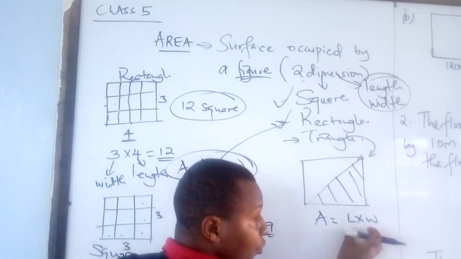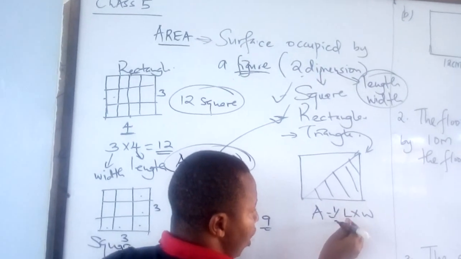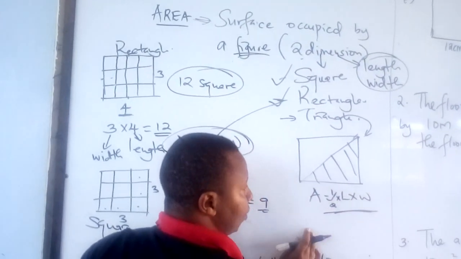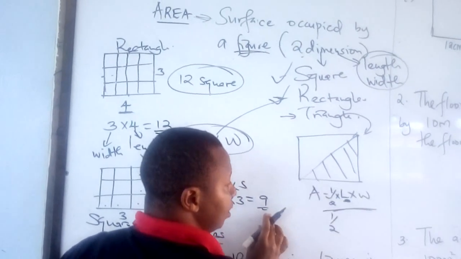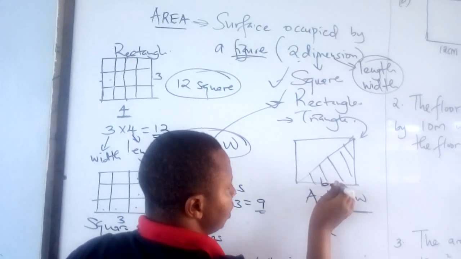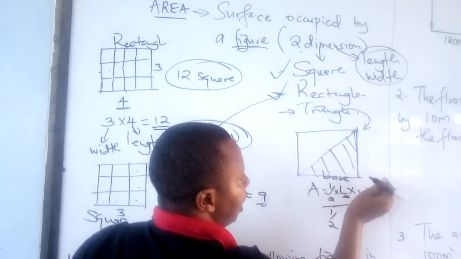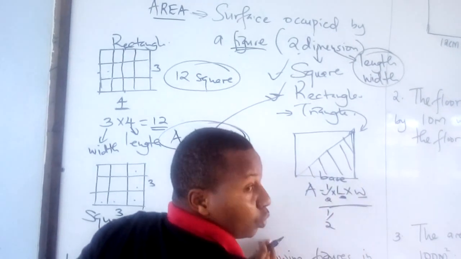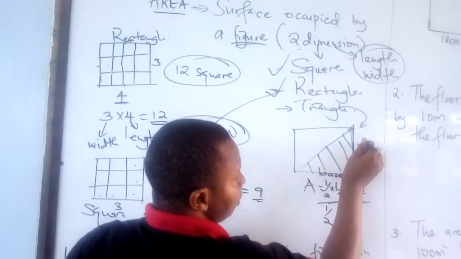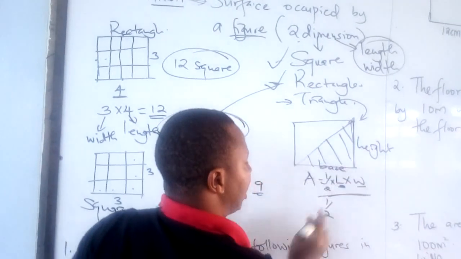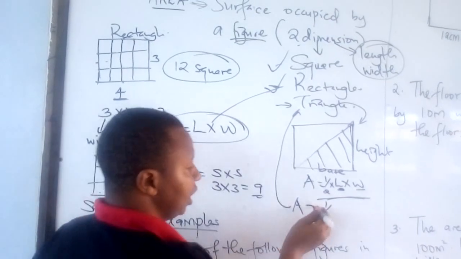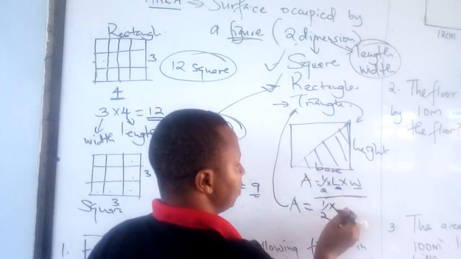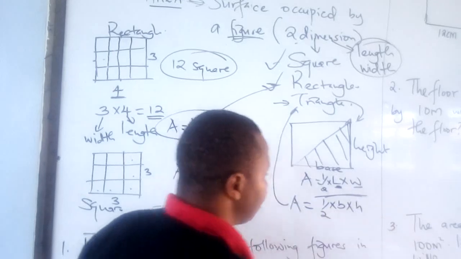This is half of your rectangle, so you can introduce your half there in your sum. But this time around, we are not going to call this line length, we are going to call it base. And this other line, we are not going to call it width, we are going to call it height. Therefore, we can come up with a formula of finding the area of a triangle, which is area is equal to a half times base times height.